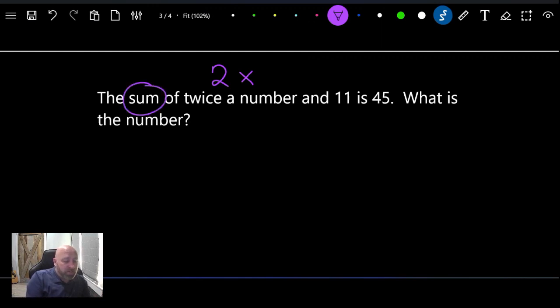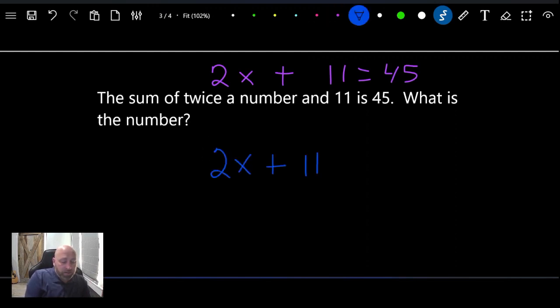So then we have the sum, and I know the word sum comes before 2x, but you'd put the addition sign here, and 11 is always is like an equal sign whenever you see is, and then 45. And there's our equation. So we have 2x plus 11 equals 45.